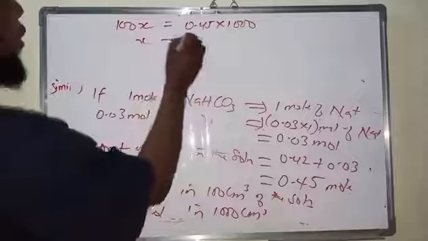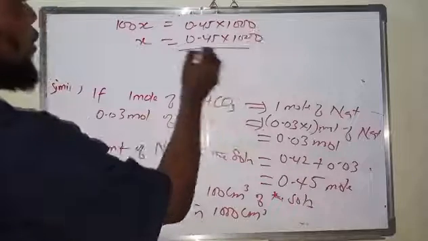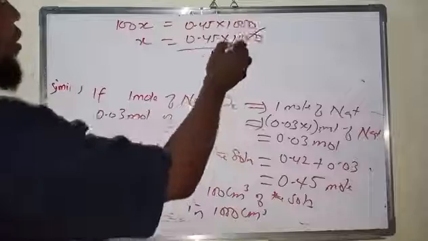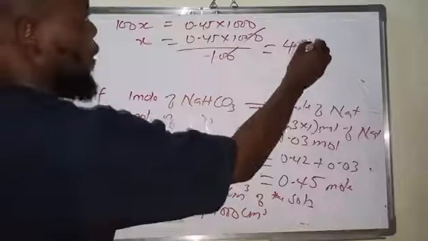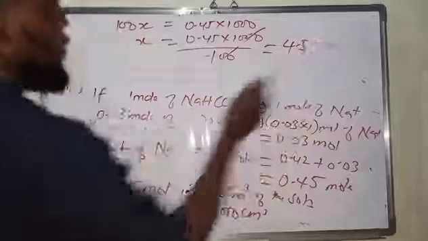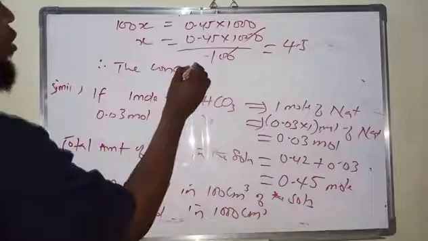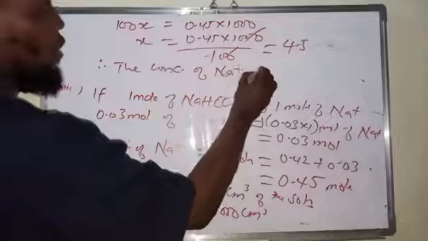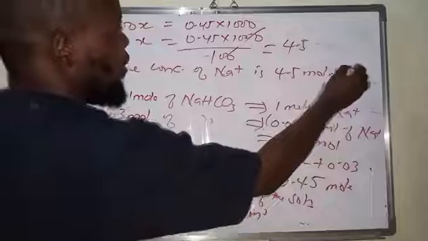Then to get x, you have to divide all this by 100. The 100 cancels the 100 here. Then you have 0.45 times 10, which will give 4.5. So you can conclude that the concentration of sodium ion in the solution is 4.5 mole per dm cube.